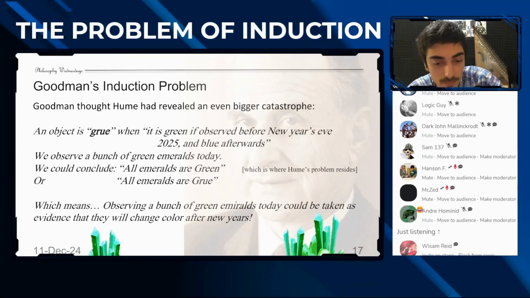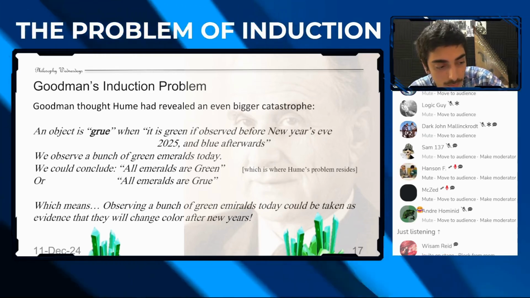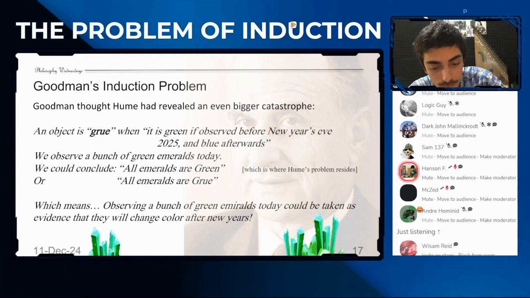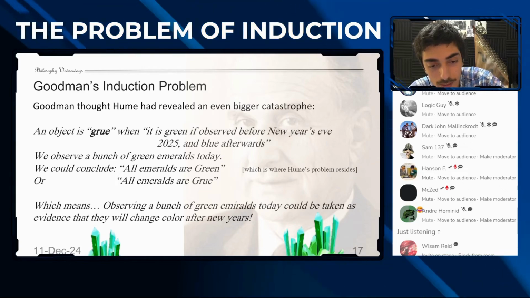If you define an object as GRU, you have to wait till after New Year's Eve to define it. But the question here is to predict what it's going to do after New Year's Eve 2025, right? Or am I wrong?